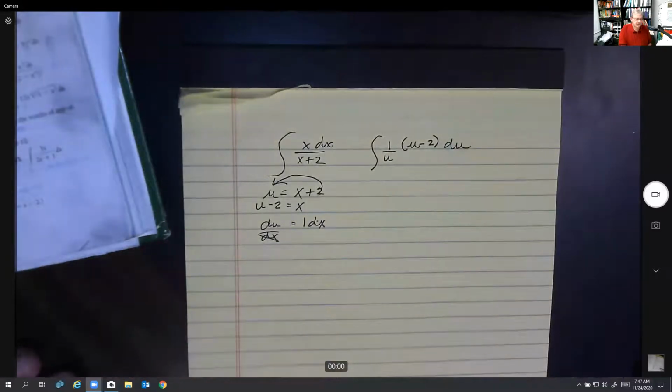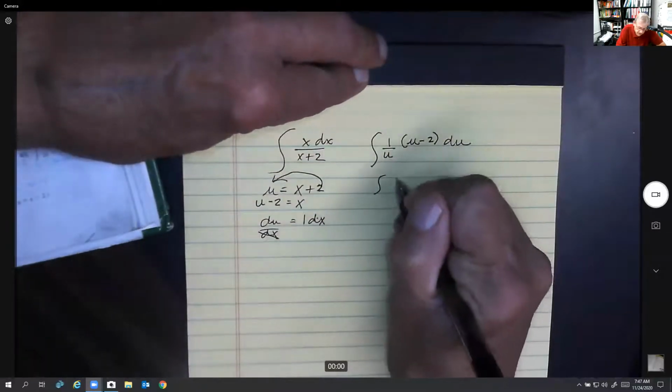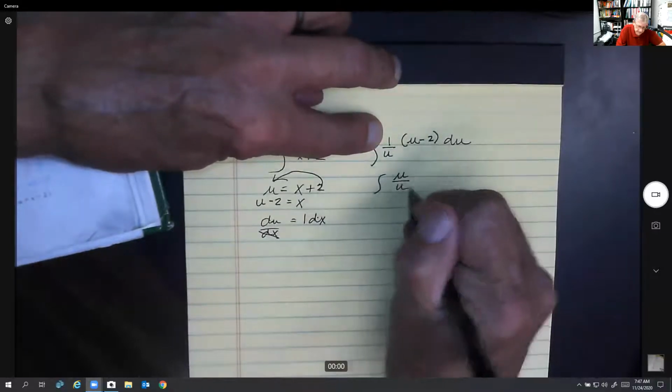Okay, so now that's my problem. 1 over u minus 2 du. So now we're going to try to take the integration of that, but that's a little hard to do. So what I'm going to do is distribute this 1 over u to this.